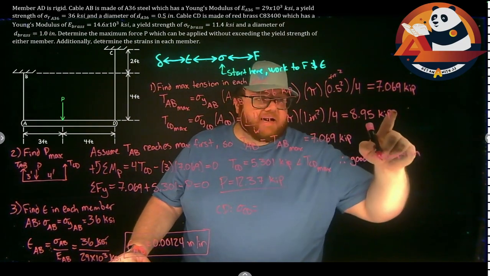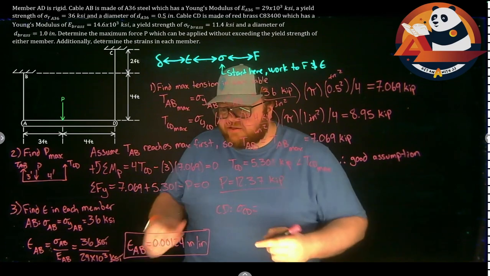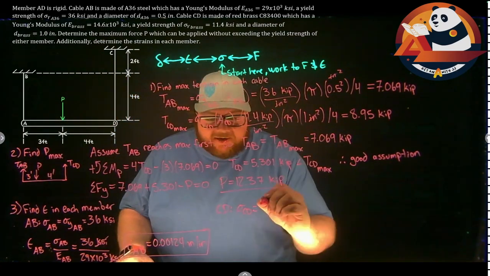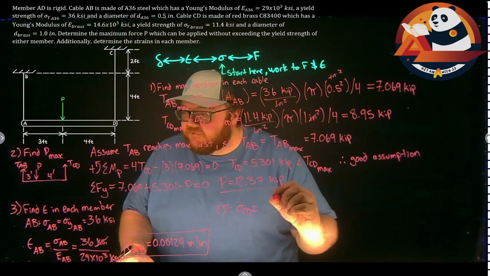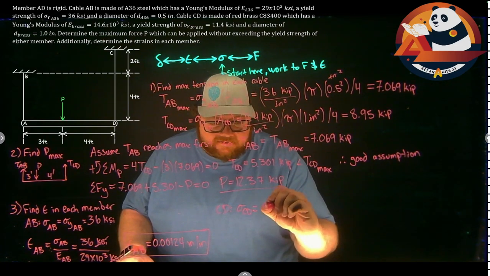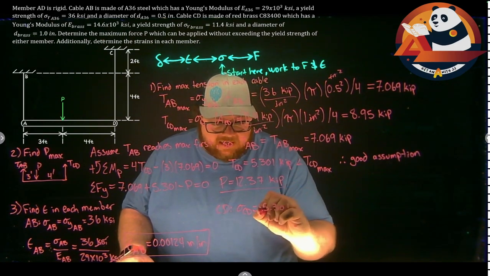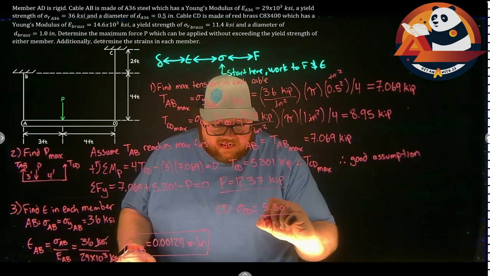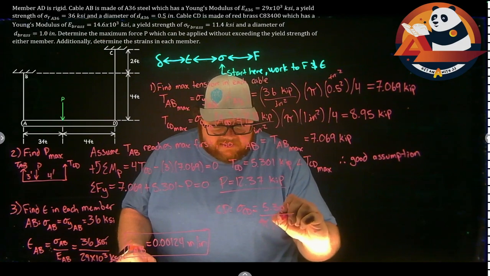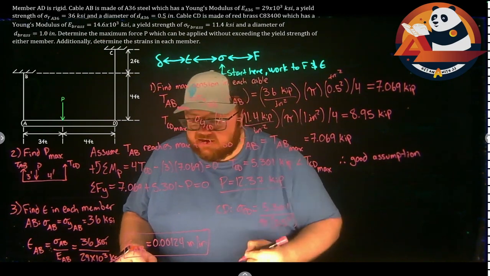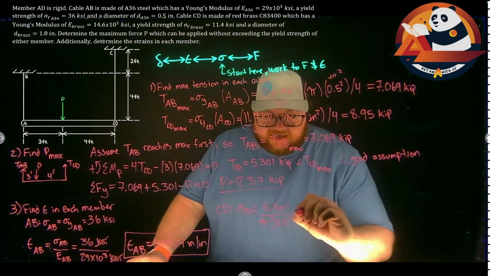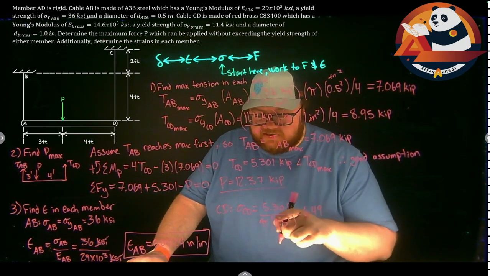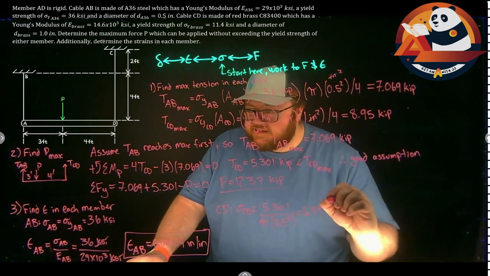I'm not at 8.95. I'm at 5.3. So let's find what the actual stress is right now. So this should be equal to 5.301 kips divided by my area. Pi, my diameter was 1, so my radius is 0.5 squared. Should give me that this is 6.49 kips per square inch, KSI.